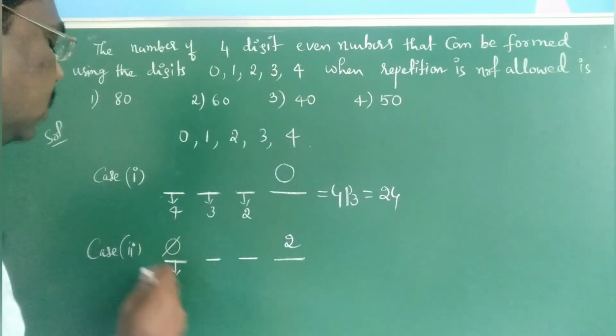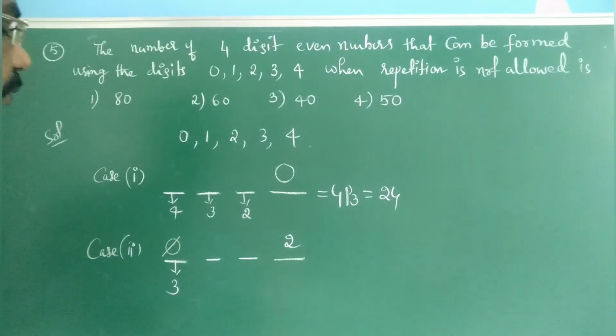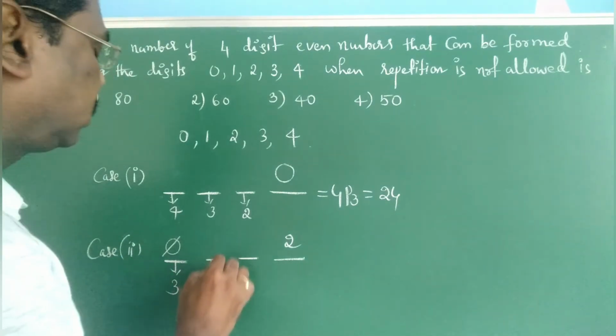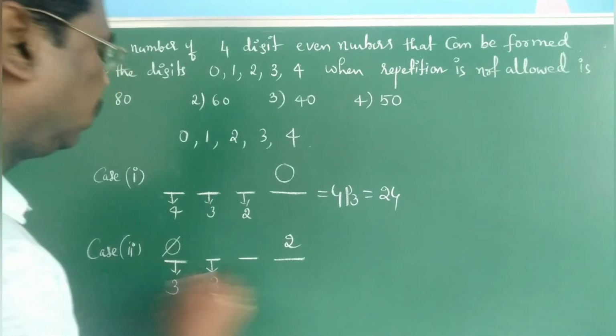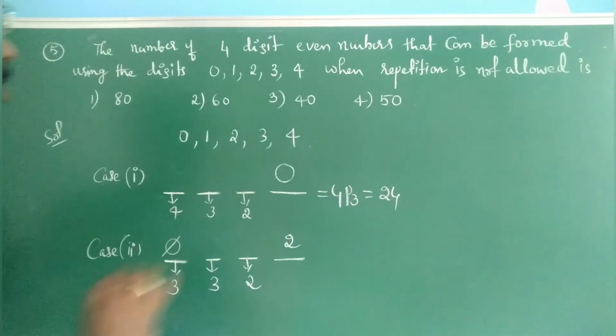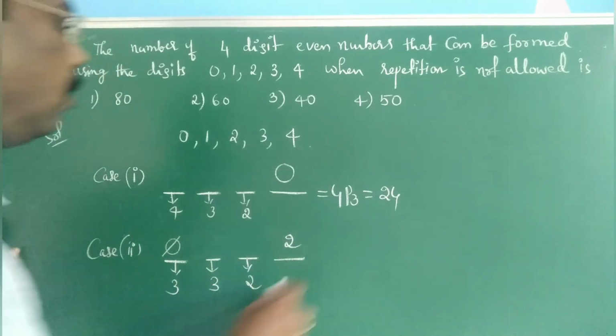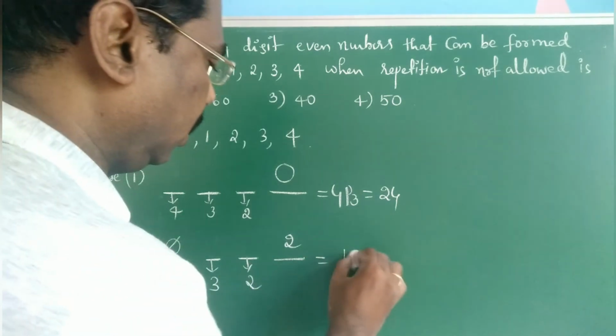Now the first place can be filled with 3 ways. Next the second place can be filled including 0. Now 3 ways. Third place can be filled, repetition is not allowed, 2 ways. Now here 3 into 3 into 2 is equal to 18.